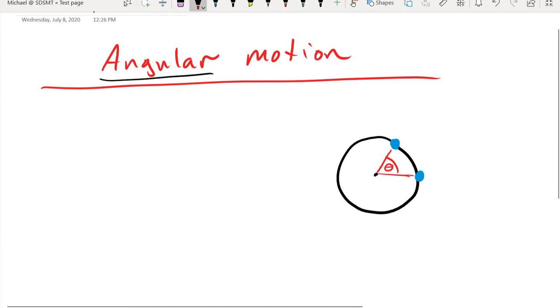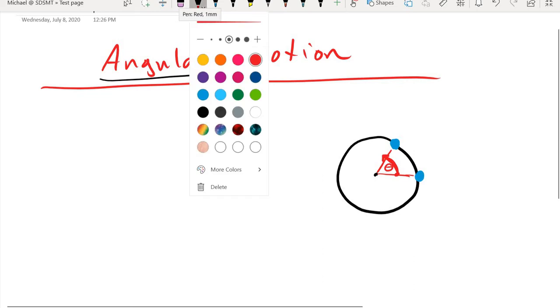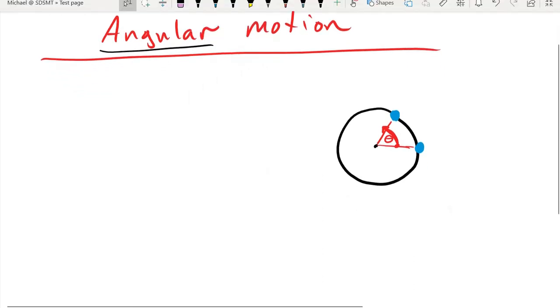And so that angle can be measured as a displacement in terms of the angular position of our object. And that's going to be the first of many rewrites that we have to do for our definitions.